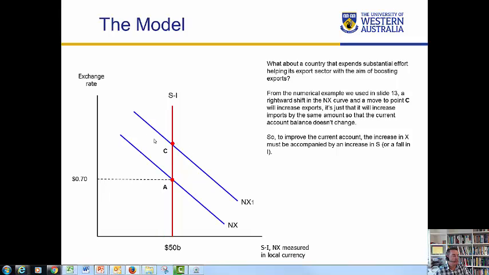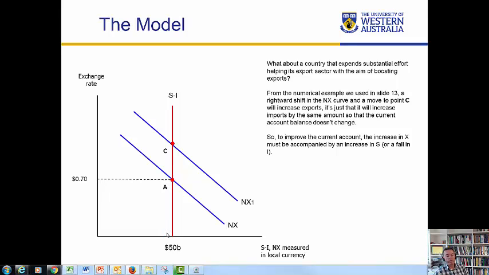Now, countries such as Australia and the US, which are big current account deficit countries, if we don't want to reduce the level of investment spending in terms of capital equipment and infrastructure. However, we could shift this S-I line to the right in two ways.